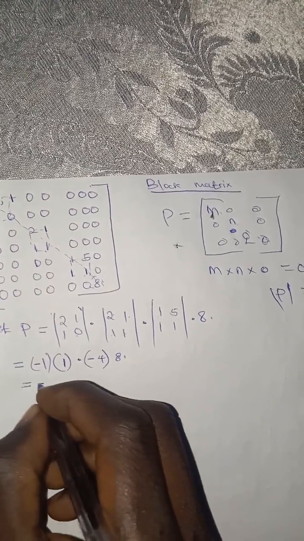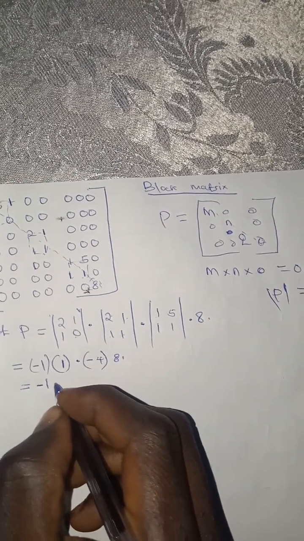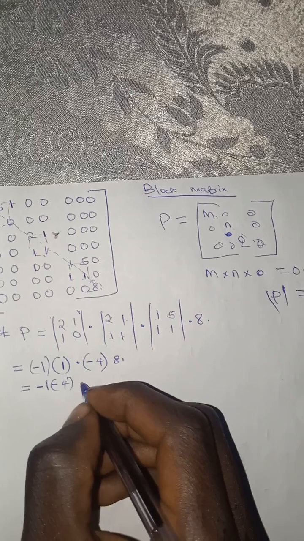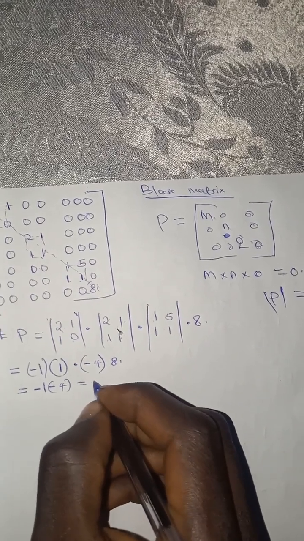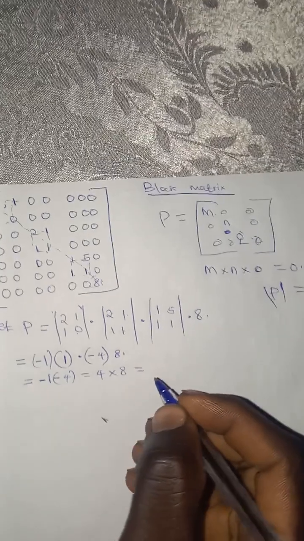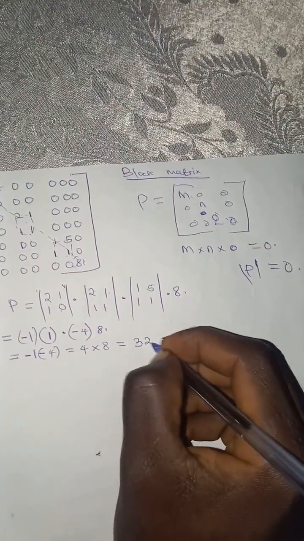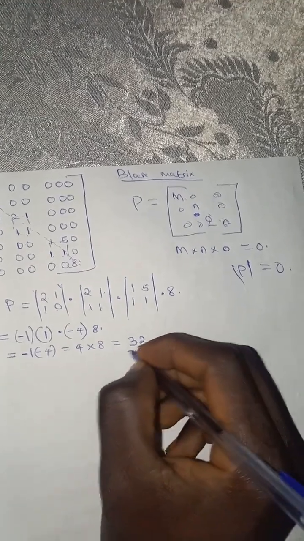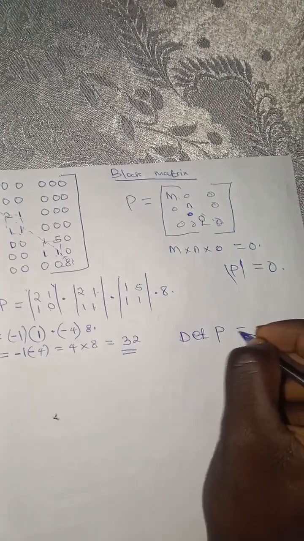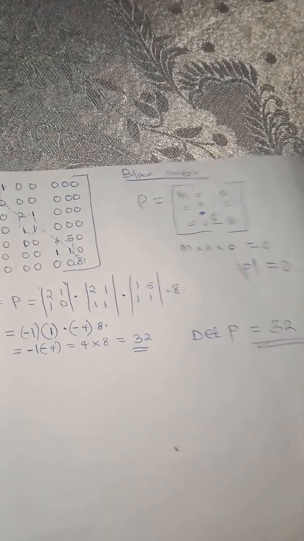That is negative 1, multiplied by 1 is negative 1, and then negative 4 multiplied by negative 1 is positive 4, multiplied by 8, which is 32. Yeah, that is 32. Then the determinant of P is 32.